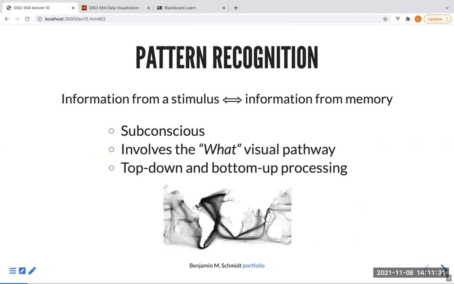Okay, so the pattern recognition is basically about recognizing something from your visual input based on information that you have stored in your brain from a previous exposure. So the way it works is that you don't need to think about it when you want to recognize some objects that are in front of you. The brain does it automatically, and that's why it's subconscious.